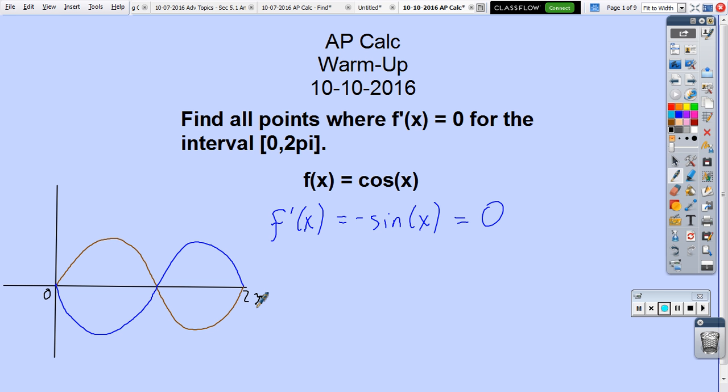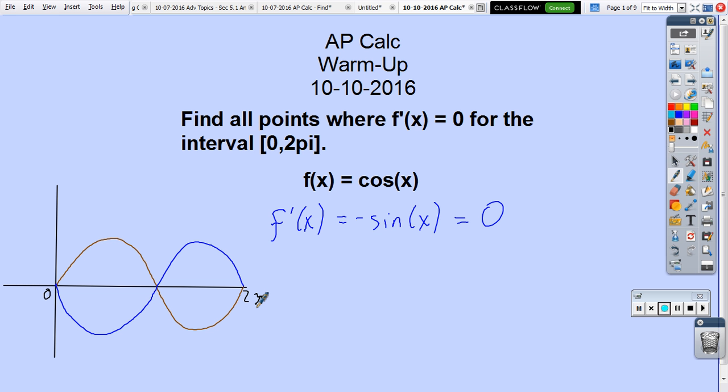Period is the distance, at any point of the graph, before it repeats the exact same pattern. So up and then down, and if I continued on, it would do the same thing over and over. These are the parent functions, and the reciprocals would have the same period of 2 pi.